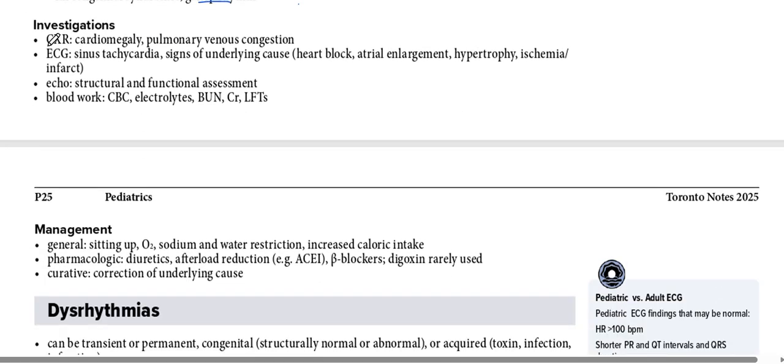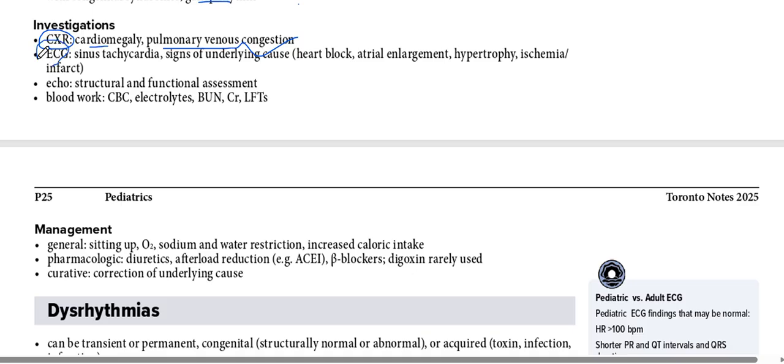Investigations are basically chest x-ray. Chest x-ray will indicate cardiomegaly, an increase in heart size, and pulmonary venous congestion.